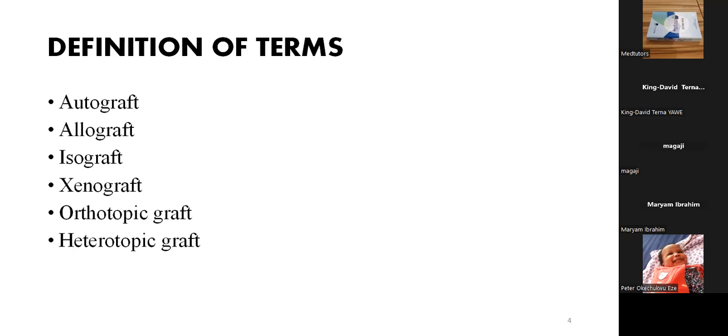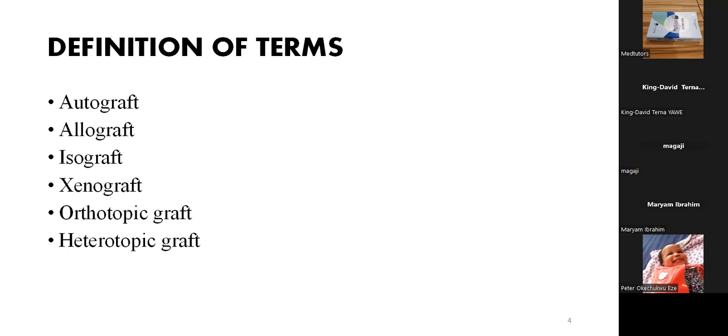An autograft is a tissue, cell, or organ that is gotten from one part of the body to another in the same individual, while an allograft is an organ or tissue from another individual of the same species. Then an isograft is an organ or tissue gotten from one individual to another genetically identical individual.